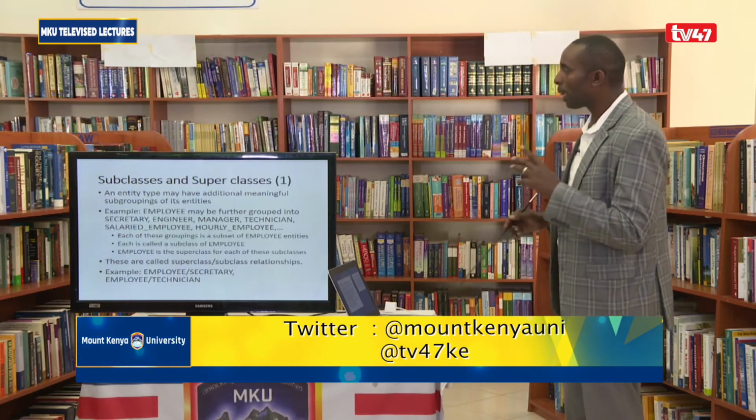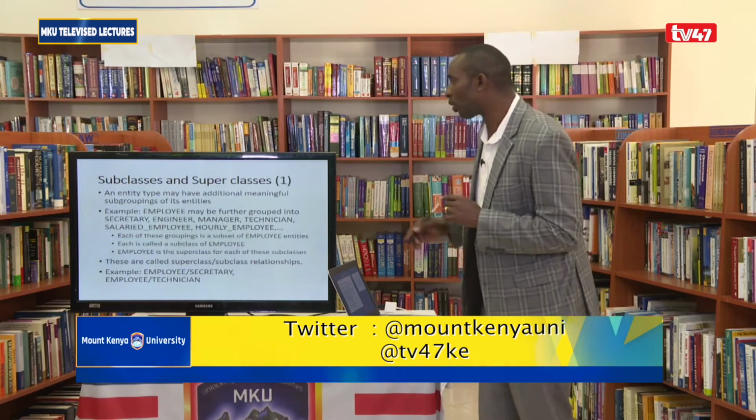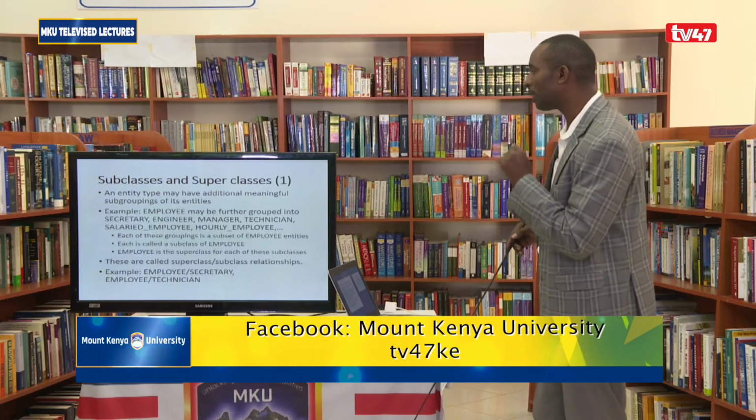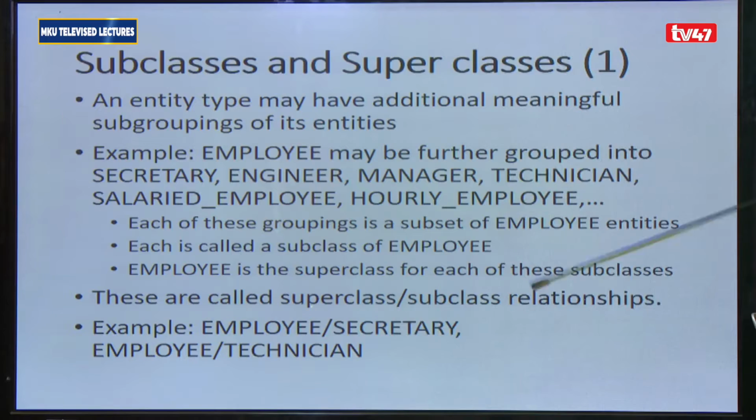So, an entity type may have additional meaningful subgroupings of its entities. Let me use an example here. An employee may be further grouped into secretary, engineer, manager, technician, salaried employee, hourly employee. All these are employees.